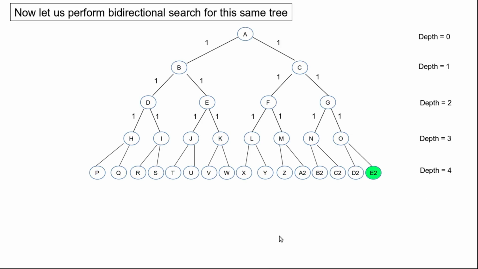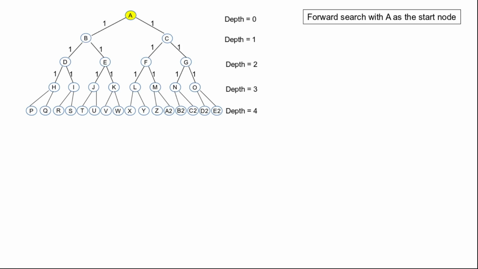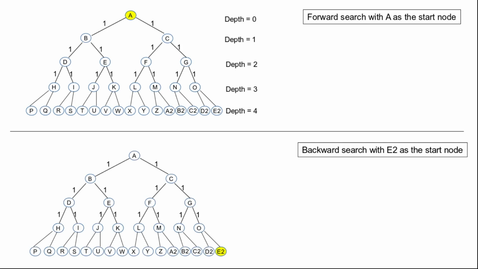Now let us perform bidirectional search on this same tree. To perform bidirectional search, we have to perform a forward search, which will start at node A, which was the initial state for the problem, and simultaneously we have to perform a backward search, and for the backward search we will start at the goal state.